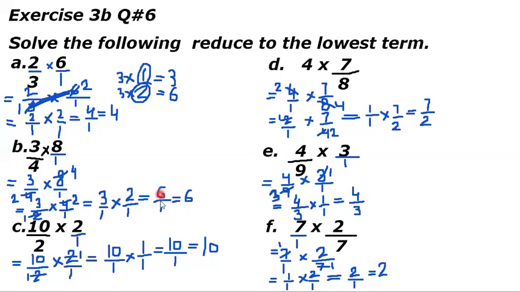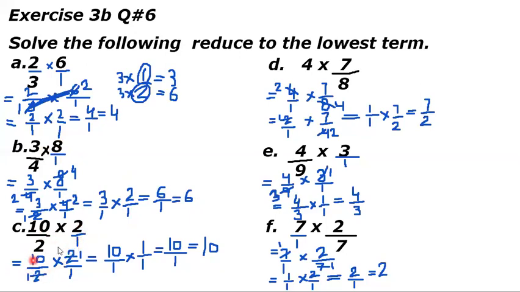Here we are changing fraction into whole number. In first step we have changed whole number into fraction, and in the last step we will change fraction into whole number. Now the C part is 10 by 2. This is first fraction, multiplied by 2. 2 is a whole number. We will change it into fraction by writing 1 in the denominator.